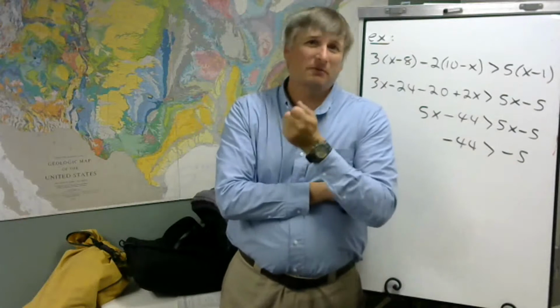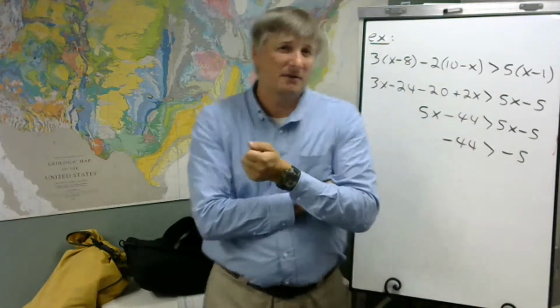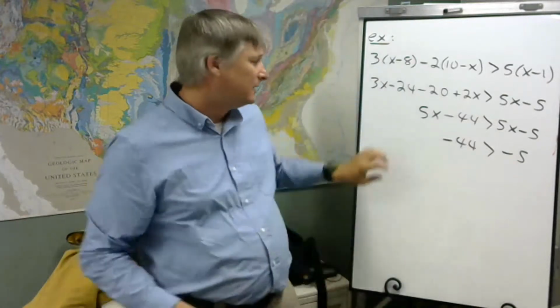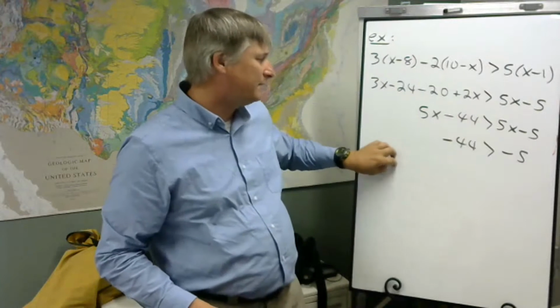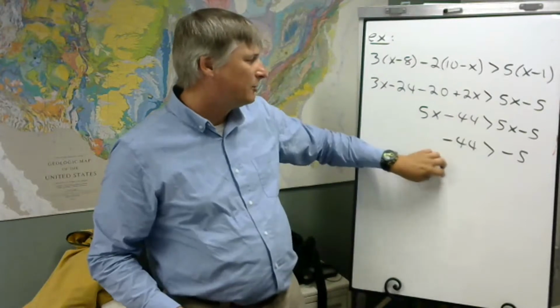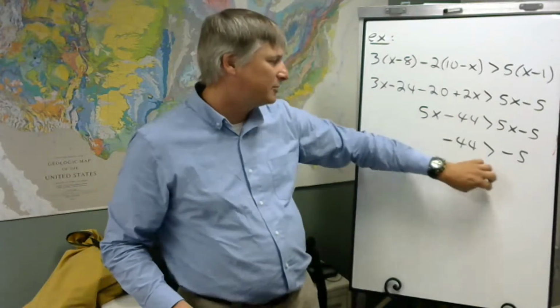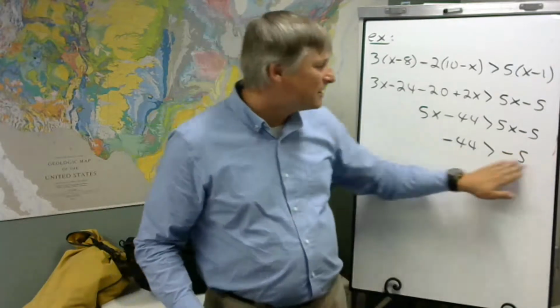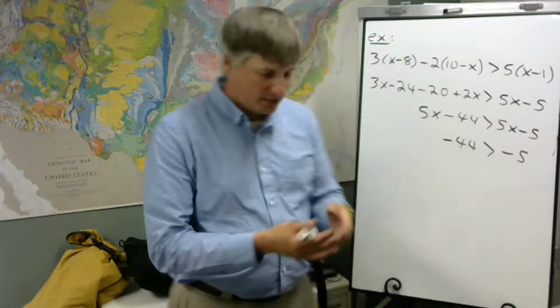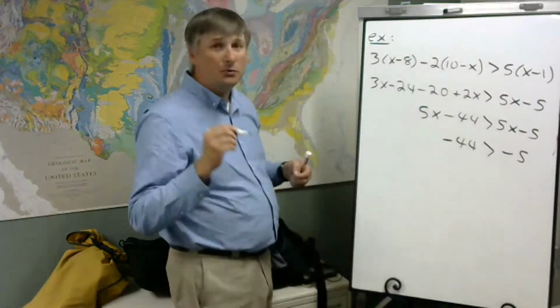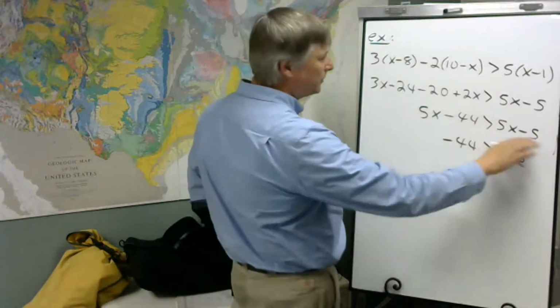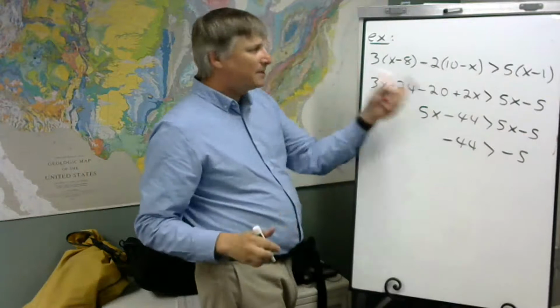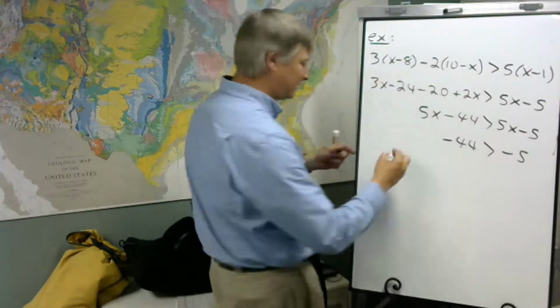But negative 44 is smaller than negative 5. And again, this has to do with the number line. Negative 44 is to the left of negative 5, which is to the left of 5, which is to the left of 44. Negative 44 is not greater than negative 5. So this is where you have no solution, which means there's no real number that will make this inequality work.